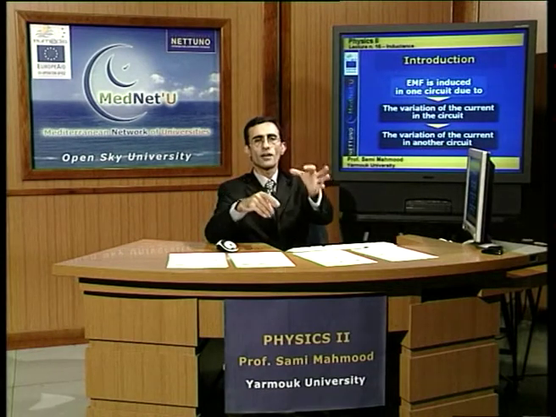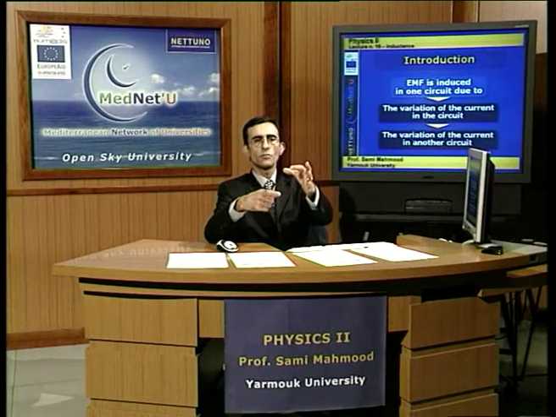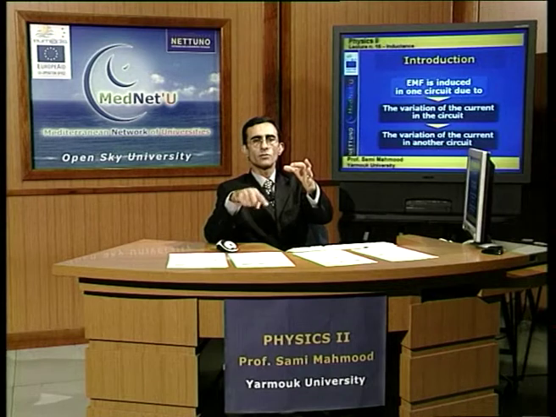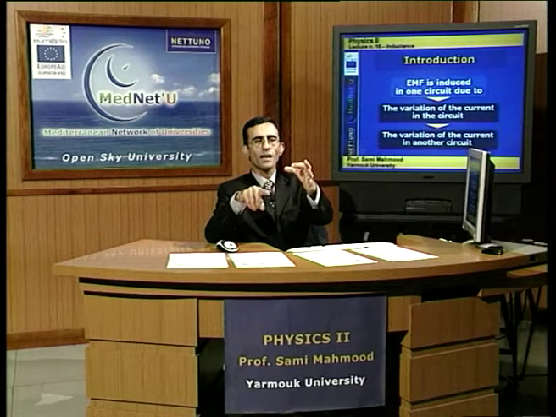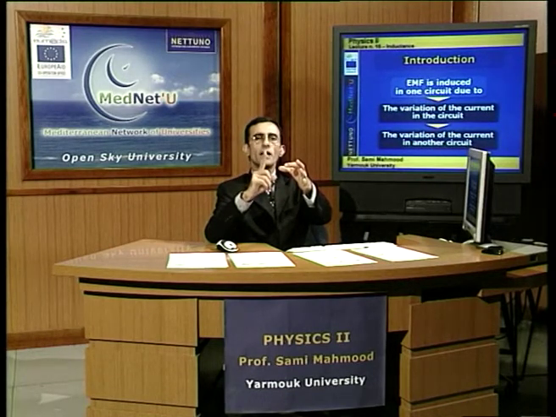So if we have a loop and we have another loop sitting in the region of that loop, and if we vary the current in this loop, this current variation will introduce variation in the magnetic flux, and that variation will cause changes in the magnetic flux across this circuit, and will induce an electromotive force and will induce current in that circuit. So these are ways of inducing electromotive force in a given circuit.